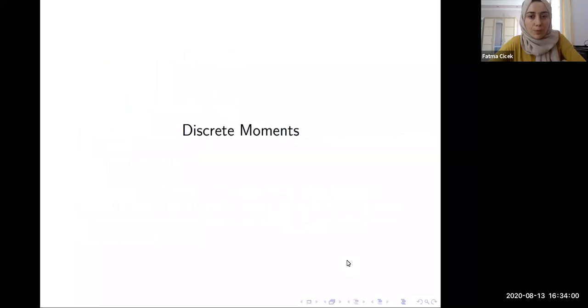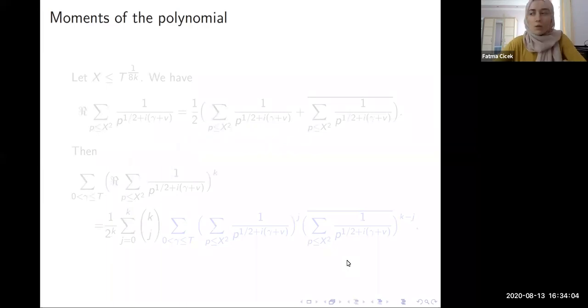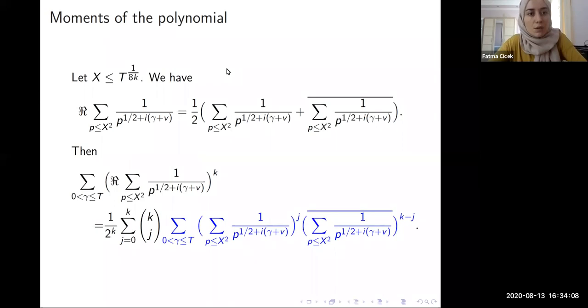Now I want to speak about discrete moment computations. So as I said, we are interested in a short Dirichlet polynomial. So the length of the polynomial shouldn't be too large in relation to t. And we just use a basic identity to compute moments of the real part of the polynomial.